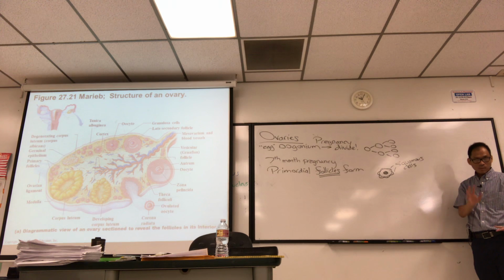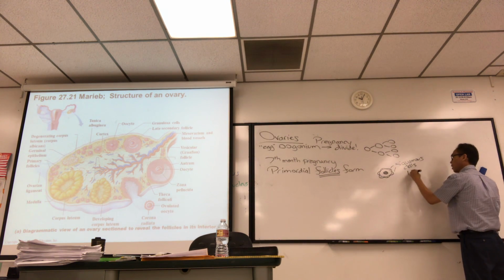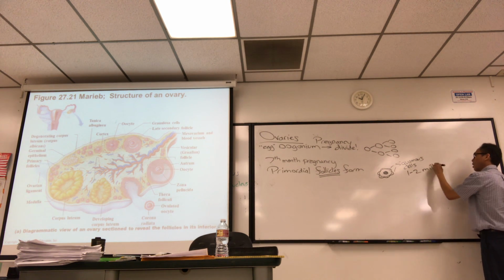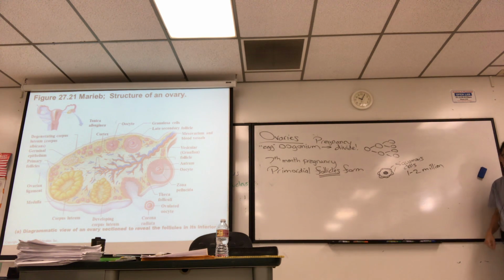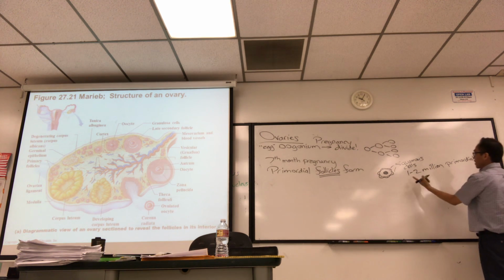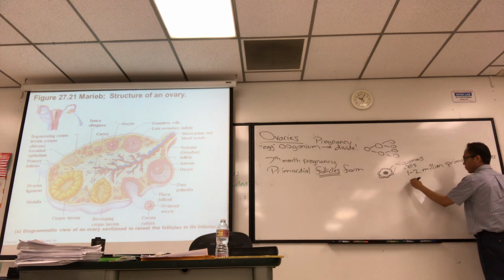It's usually around, books say, 1 to 2 million. You have 1 to 2 million primordial follicles before birth. And books usually say, at birth, you'll probably still have about that many. I mean, it's a big range, right? Point is, there's a lot to begin with. So let's say 1 to 2 million primordial follicles at birth.